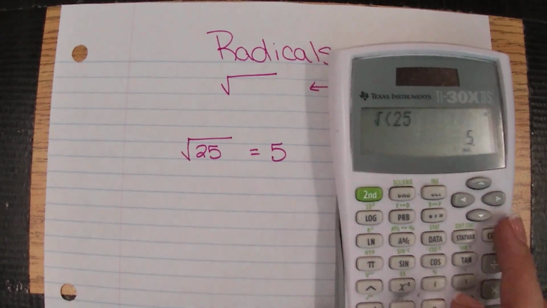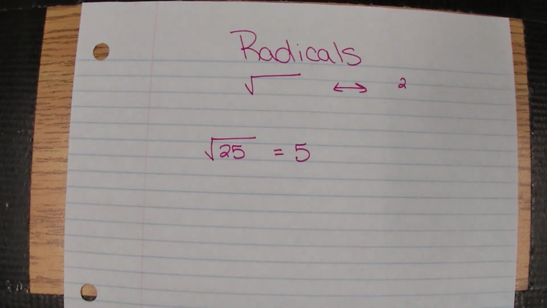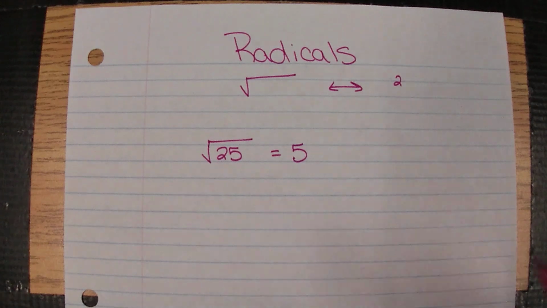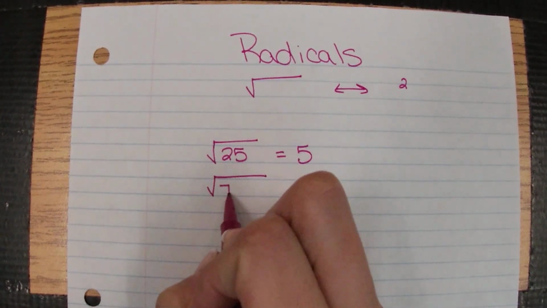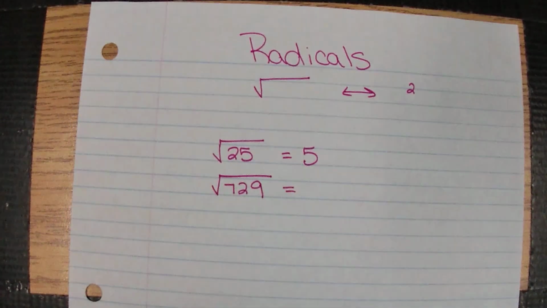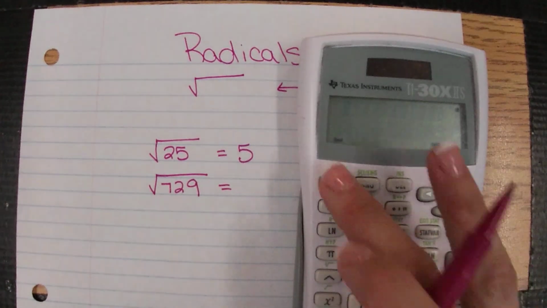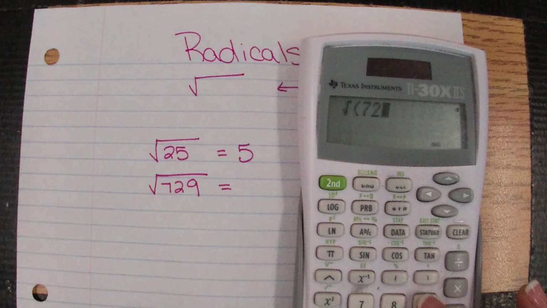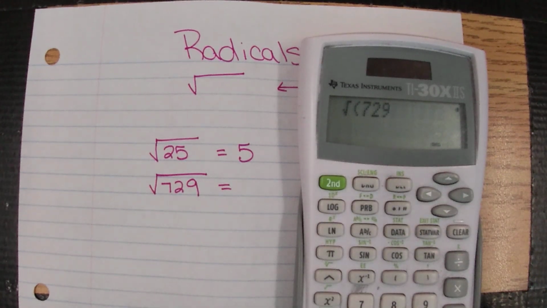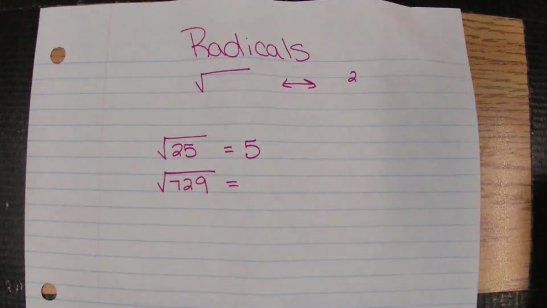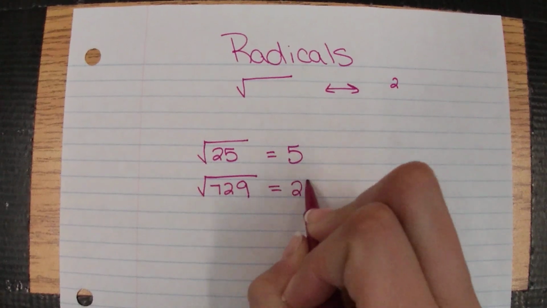Now, we could do this for small numbers. We can do it for large numbers. So let's say we want to take the square root of 729. I don't know what the square root of 729 is, so we'll put that in our calculator. Second x squared, 729 equals 27.